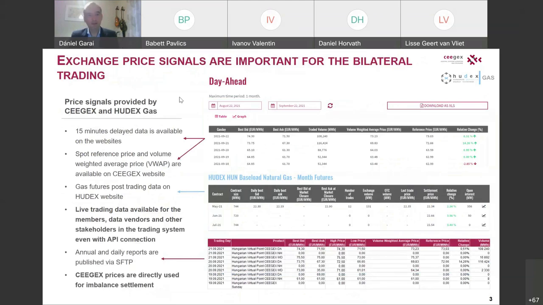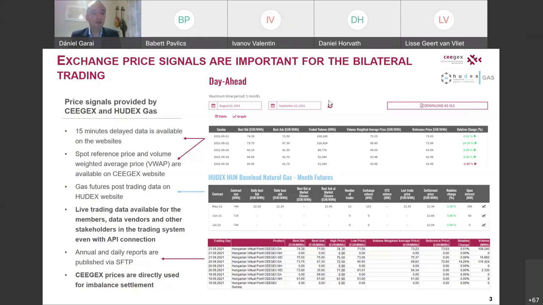Coming to the next slide, the price signals, which is one of the most important values of an exchange. There are many ways in which we present price signals. One is available for anybody who enters our web pages.